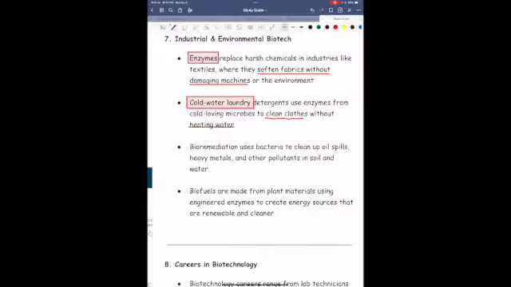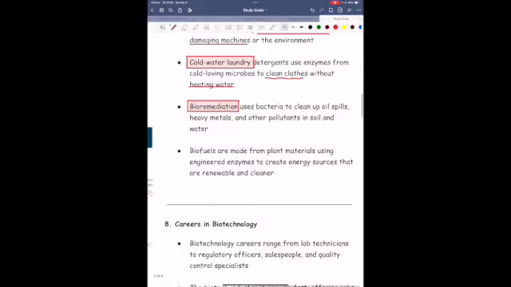And then things like bioremediation, which is used to clean up after oil spills, like the BP oil spill in the Gulf, or other pollutants in the soil. And biofuels are more environmentally friendly fuel sources that are renewable and cleaner.